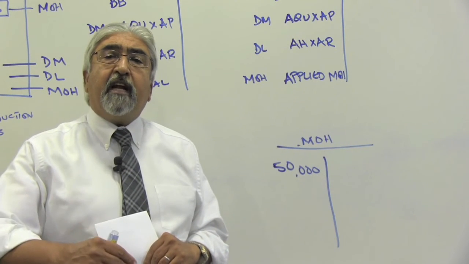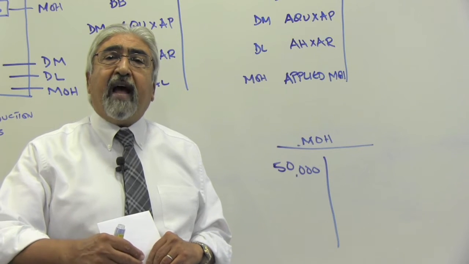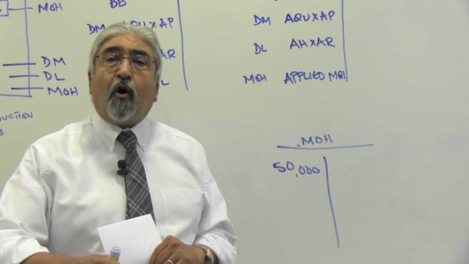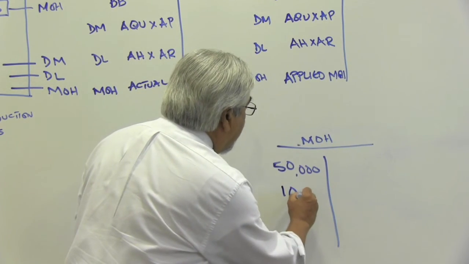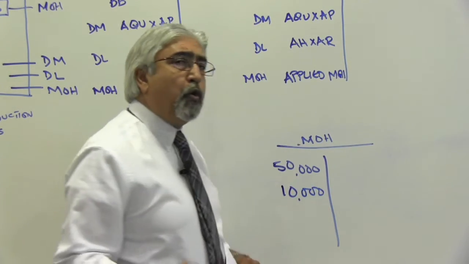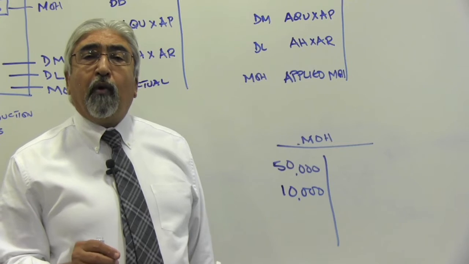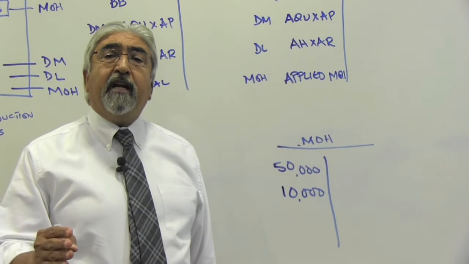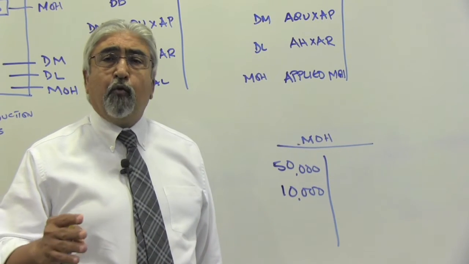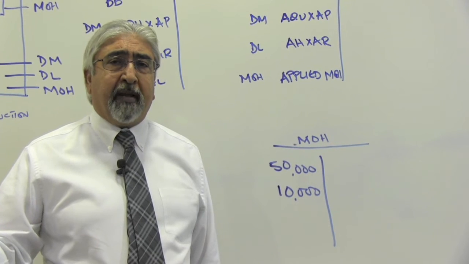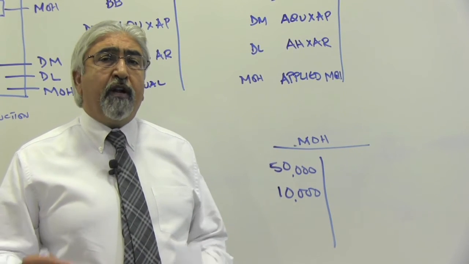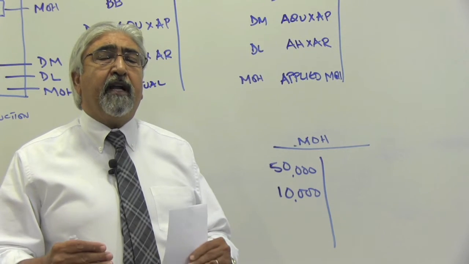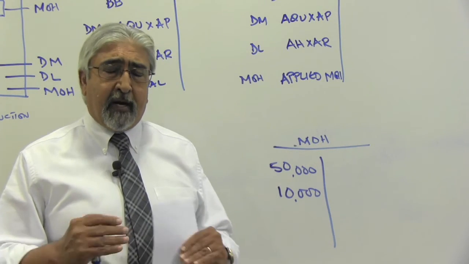If the indirect labor cost incurred in the factory was $10,000, we will take that $10,000 and debit it to the manufacturing overhead account and credit wages payable or accrued payroll or accrued factory payroll or some account like that. So if you notice, we haven't touched the work in process inventory account.